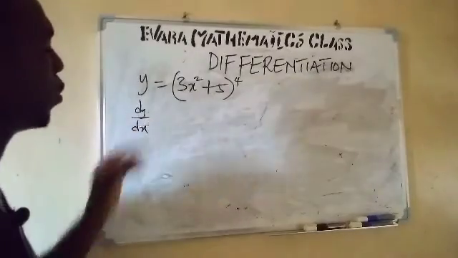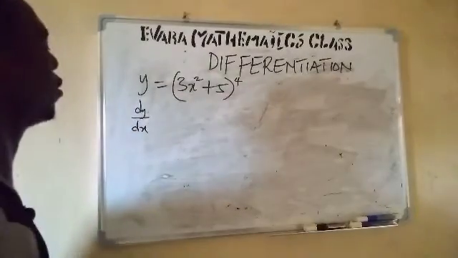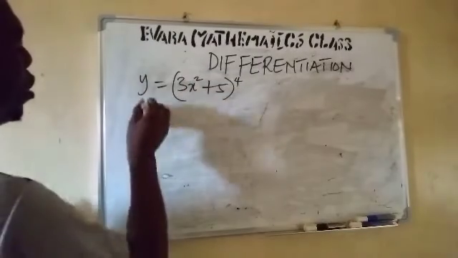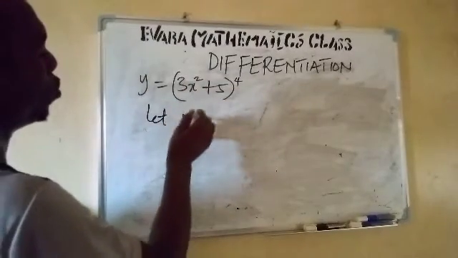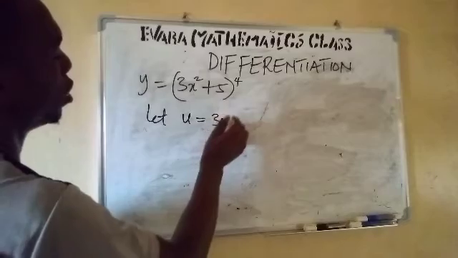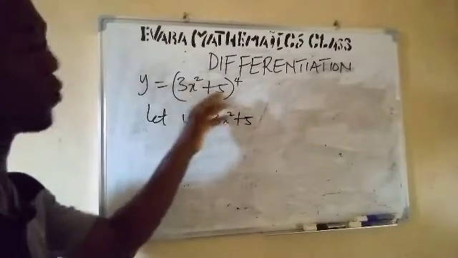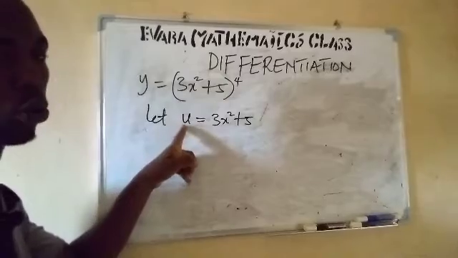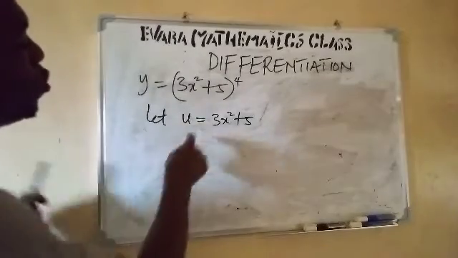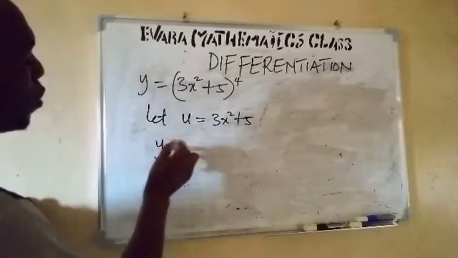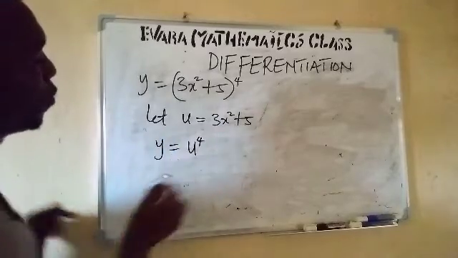So for us to get dy/dx, we will start this way. First of all, we will say let u be 3x squared plus 5. We represent what we have inside the bracket here with u. So if u represents 3x squared plus 5, it means my y will now be u raised to the power of 4.